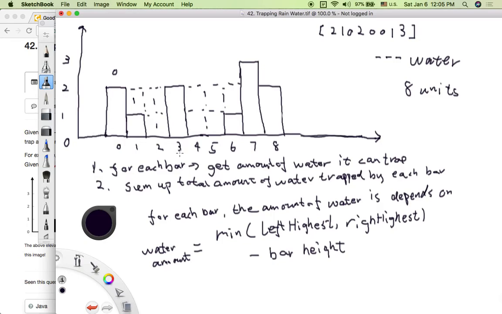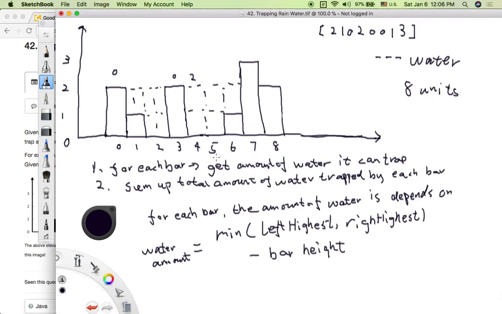And the index 3 bar, the fourth bar, we take the minimum between left highest and right highest, that's the left highest, 2 minus its own height, that's 0 difference, so we still get 0 water. For the fourth index, the left highest minus its own height, that's 2.